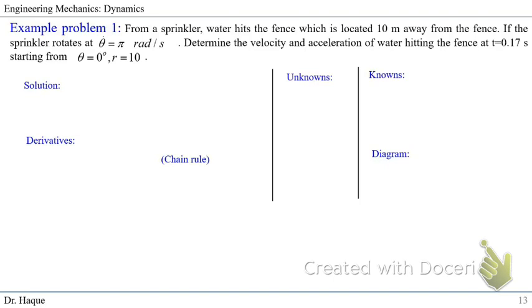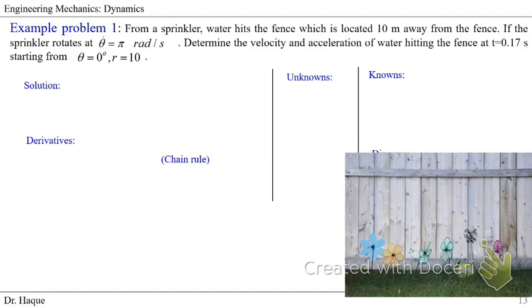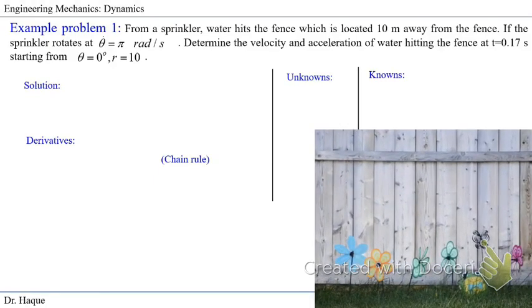The problem says that from a sprinkler, water hits the fence. The sprinkler is located 10 meters away from the fence.